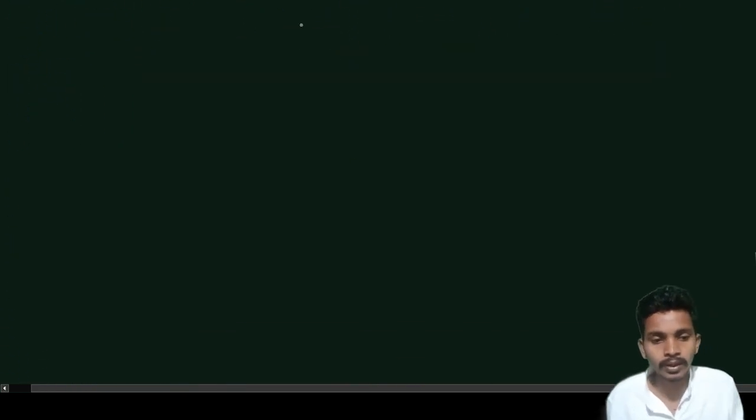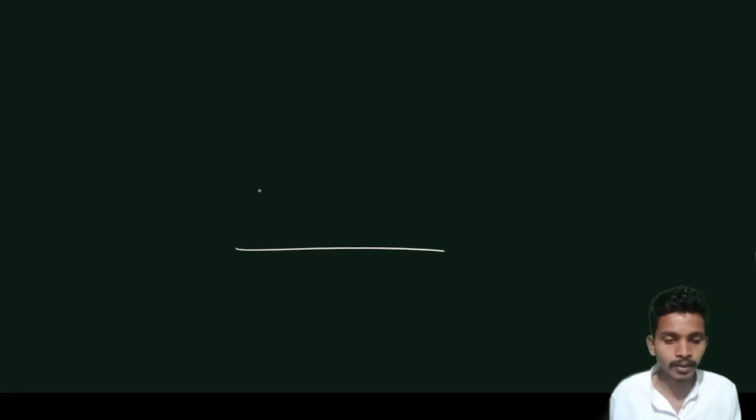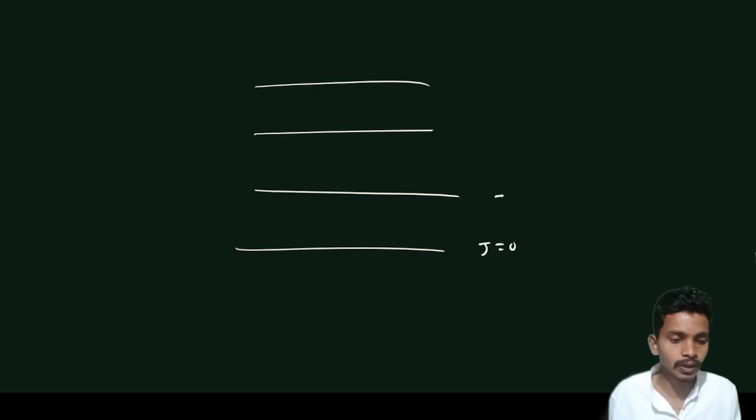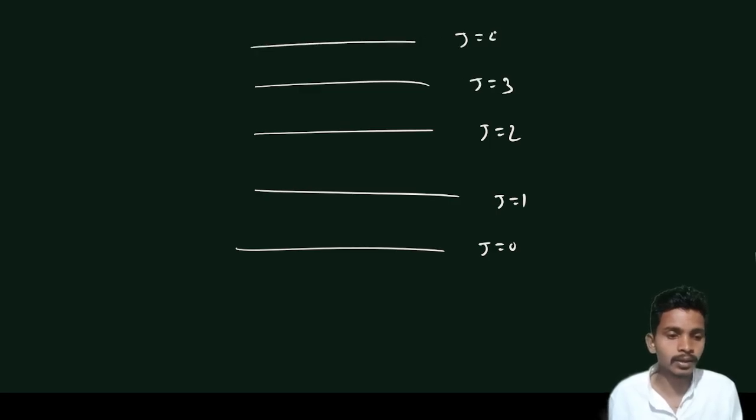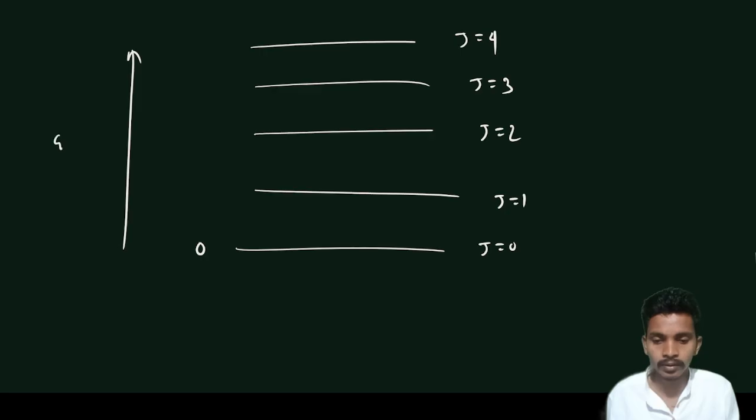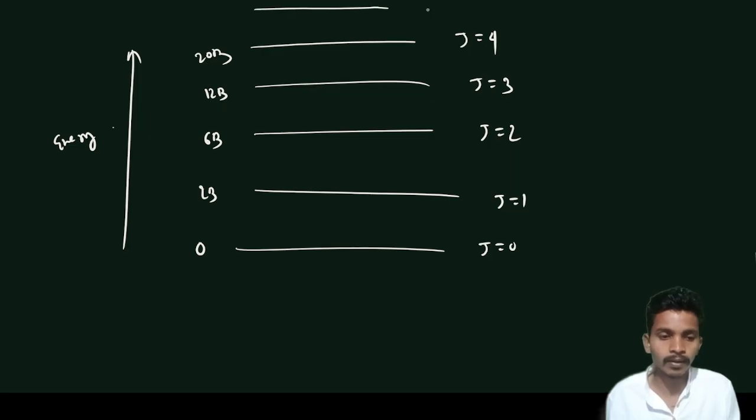Now we will move to, let's say, these are the energy levels, J equal to 0, J equal to 1, J equal to 2, J equal to 3, let's say J equal to 4, and let's say this is the energy, and this is 2B, this is 6B, this is 12B, this is 20B, and J equal to 5, this is 30B.